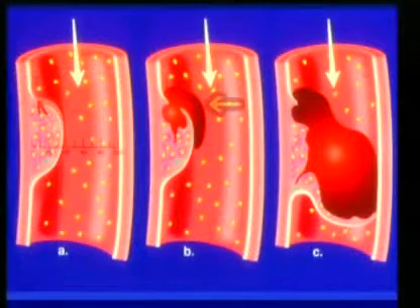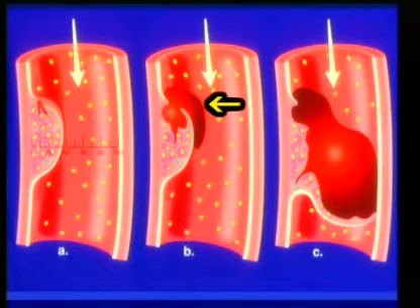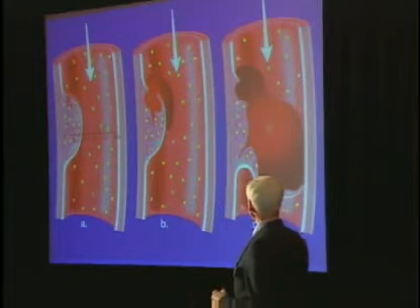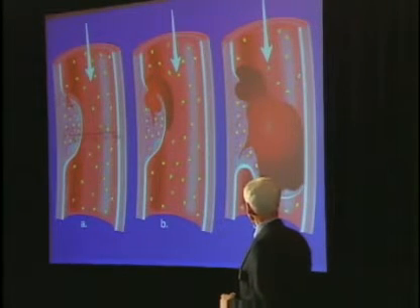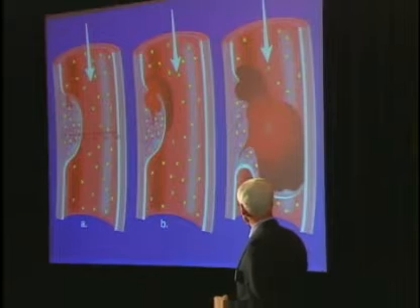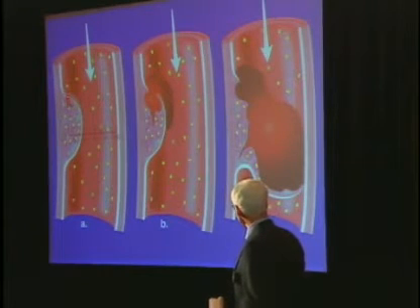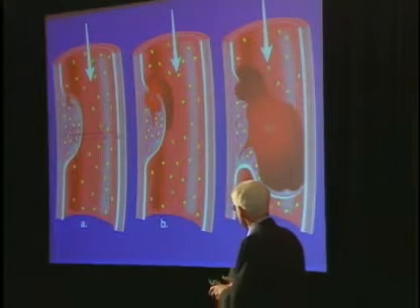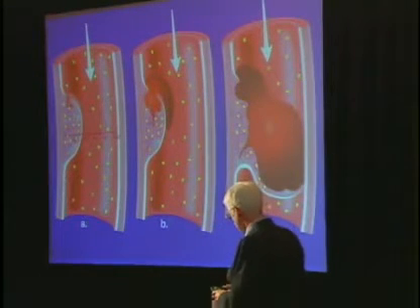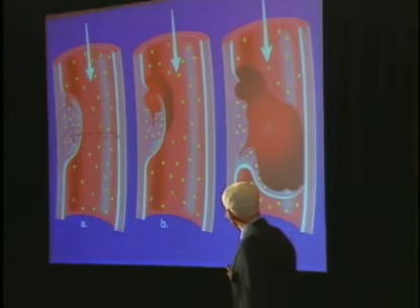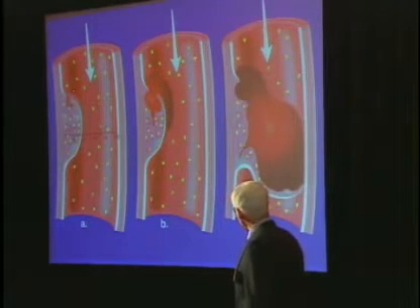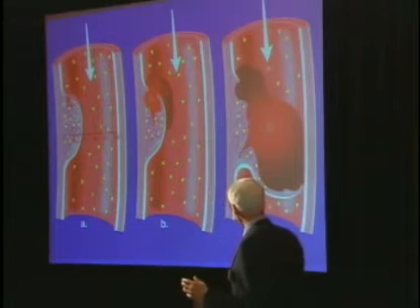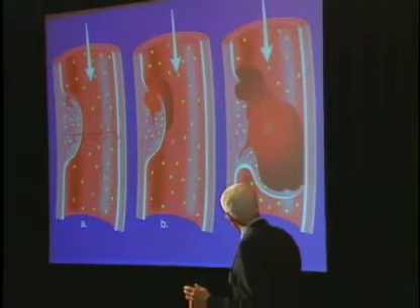They erode this cap over the plaque, this thin cap. And specifically, most of the erosion occurs in the upstream border of the cap. And this is particularly important because when this gets to be as thin as a cobweb, and then you have this blood just racing over this cobweb thin plaque, it tears.